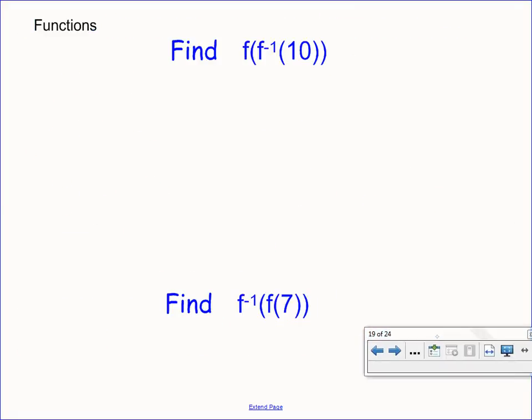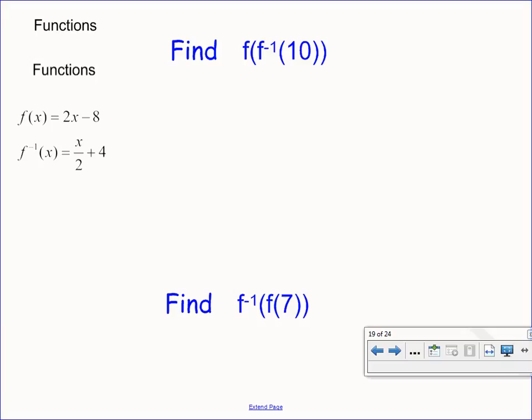So let's go ahead and take my originals. And let's perform a function composition with a given value. So we're going to do f of f inverse of 10 with our function. So here we go.